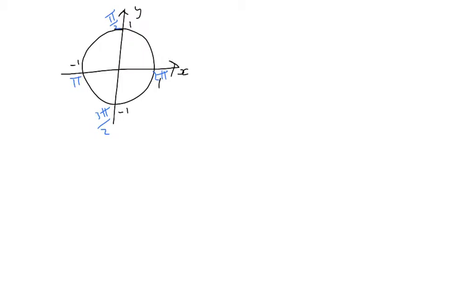So if we were asked what pi on 4 is, pi on 4 would fit in here. That's like a quarter, so pi on 4 is half of pi on 2.